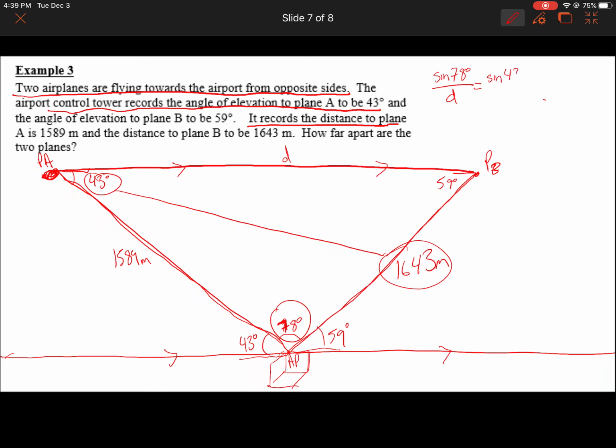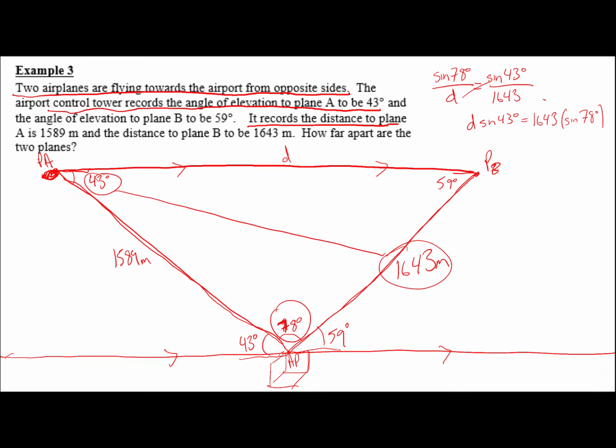Sine of 43 degrees over 1643. Let's see if we can solve that. So D times sine of 43 degrees, we cross multiply, equals 1643 times sine of 78 degrees.